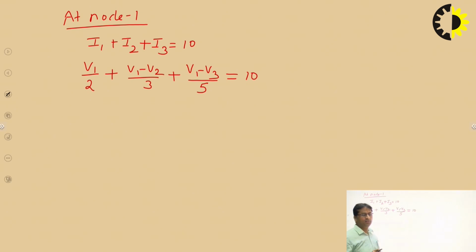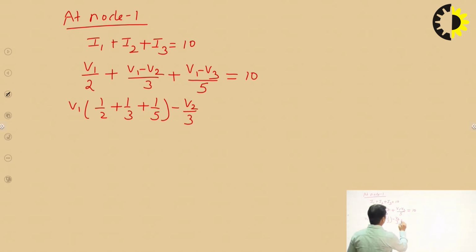Now this is our first equation. We will simplify it: V1 times (1 by 2 plus 1 by 3 plus 1 by 5) minus V2 by 3 minus V3 by 5 equal to 10.